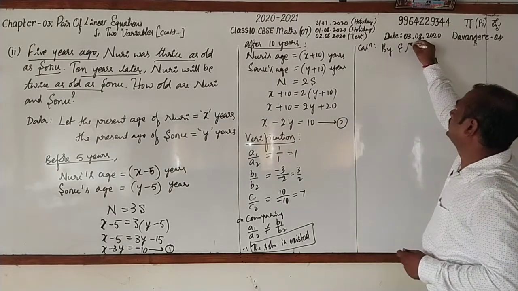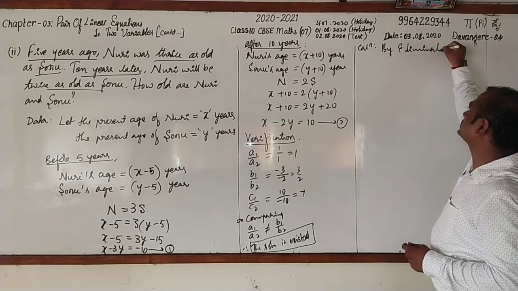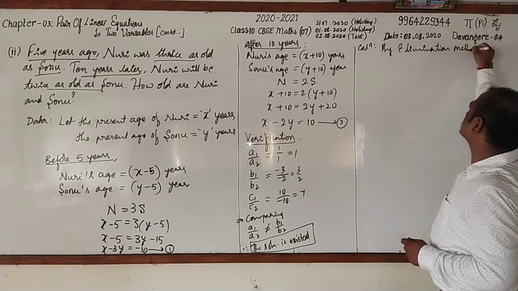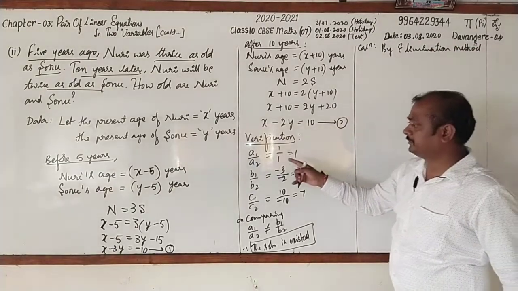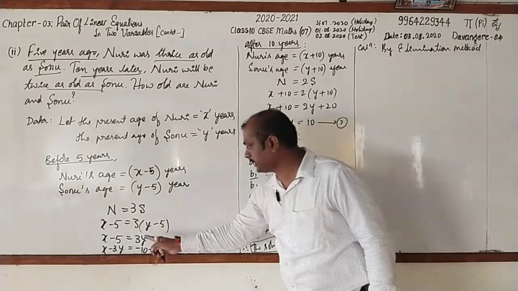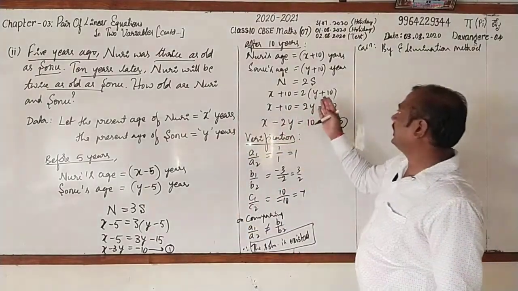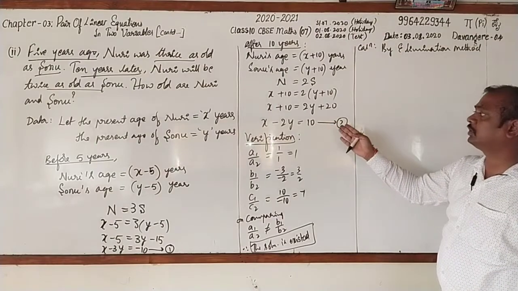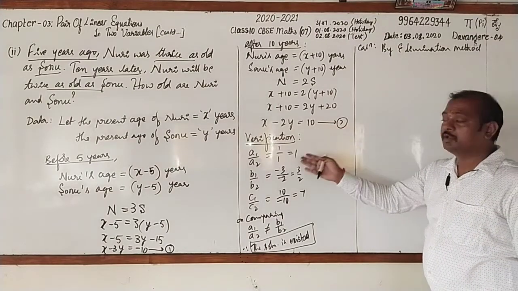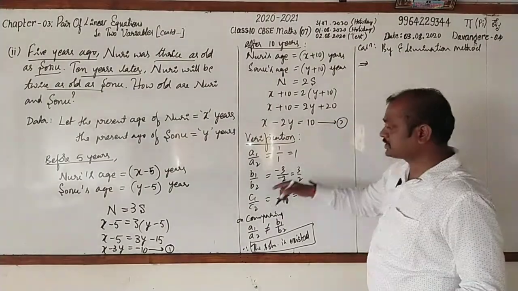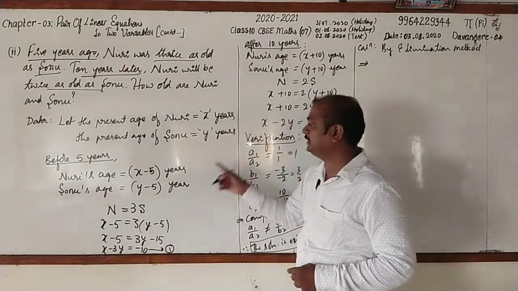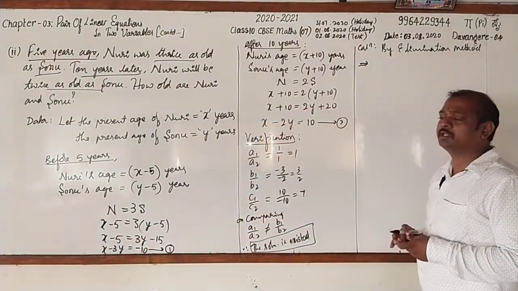By elimination method, the first equation is x minus 3y equal to minus 10, and the second equation is x minus 2y equal to 10. The coefficient of x in both the equations is the same. Let us go for writing them directly.